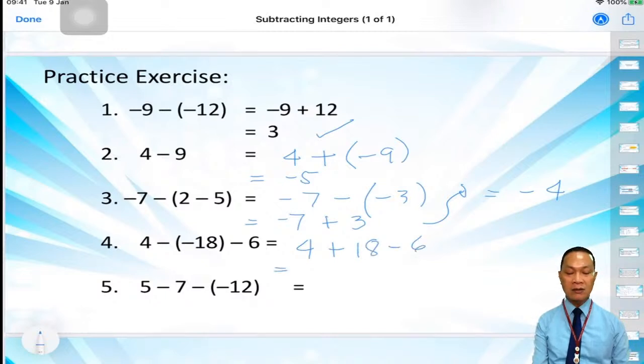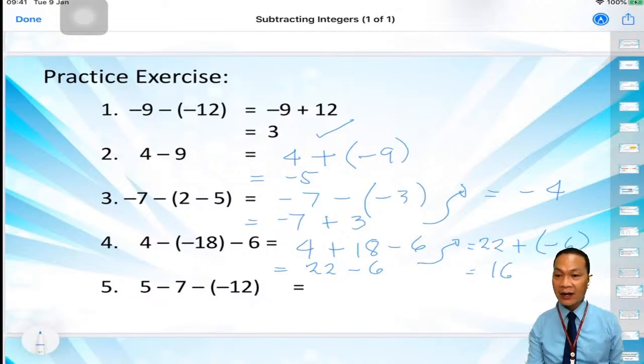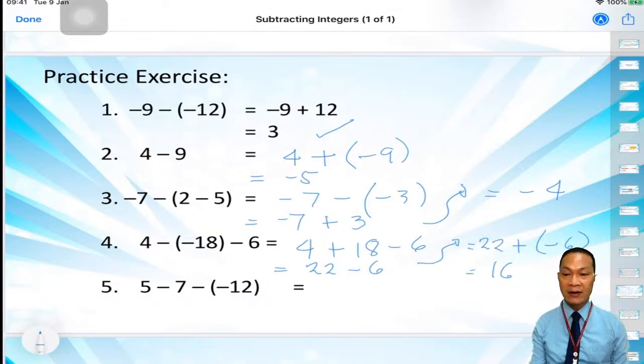That is equal to 4 plus 18, which is how much? 22 minus 6 is equal to, if we will use the rule, still we have 22 plus 6 is positive and its additive inverse is negative 6. So the answer is equal to how much? 16. Okay, so already the answer is 16. Very good answers.